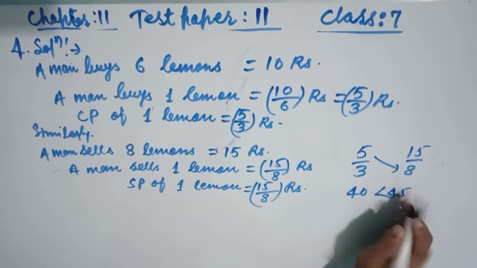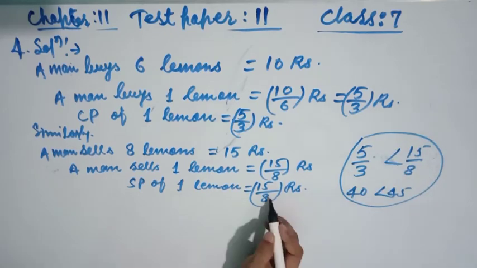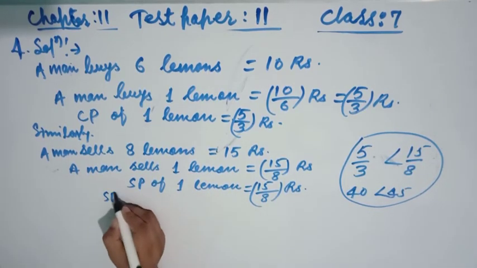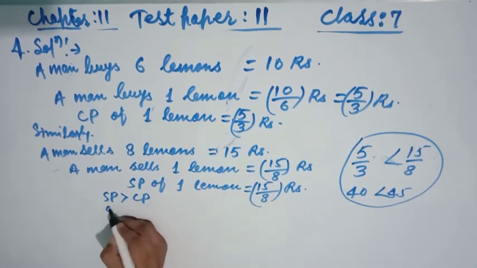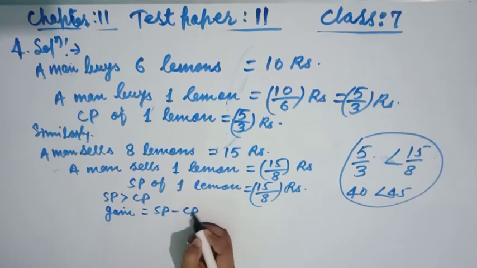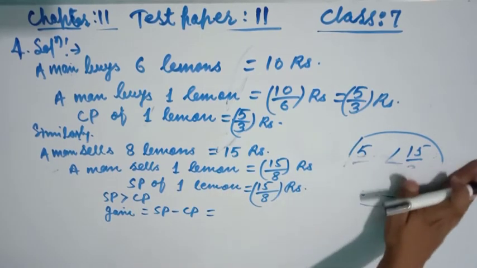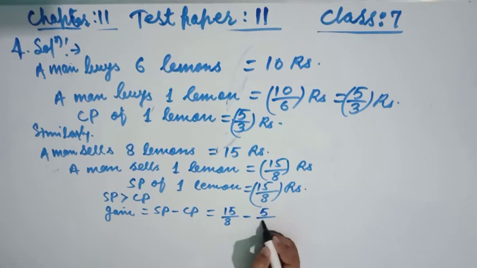So 15 by 8 is the greater, so SP is greater than CP. Now gain is equal to SP minus CP. SP is given as 15 by 8, and CP is 5 by 3.